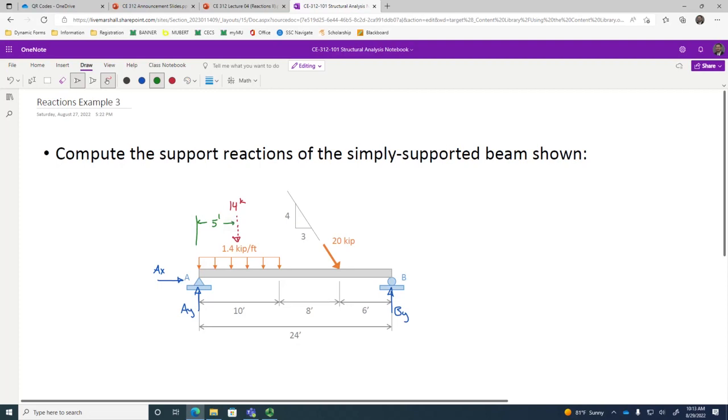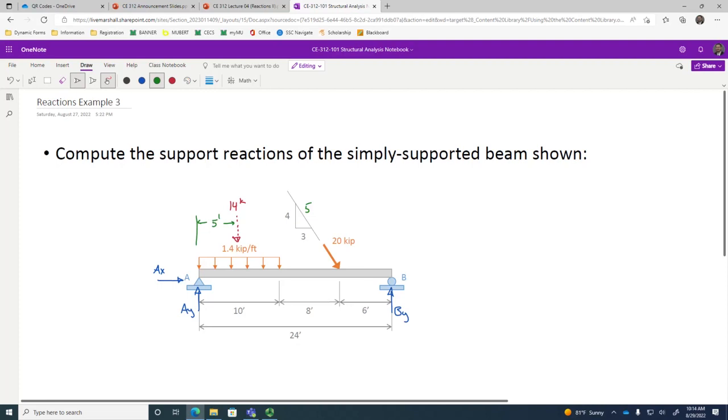Okay. Now let's deal with the incline load. Now for the incline load, we have a 3-4, but we already recognize that if we have a 3-to-4 slope ratio, the hypotenuse is 5. Okay. So what I'm going to do is this. I don't like dealing with incline loads, just like I don't like dealing directly with distributed loads when I'm computing reactions.